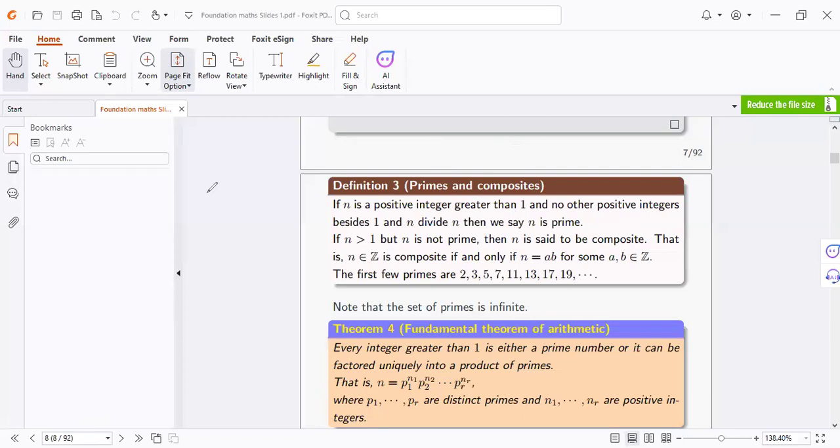Yes, Cheng, I can see your hand is raised up. In a lot of this math, the idea of prime numbers always comes up. Why are prime numbers so important? Prime numbers are important, and we will see how important they are as we progress.